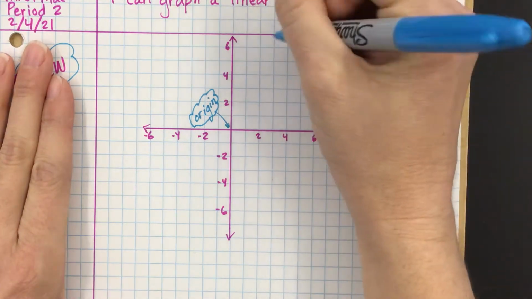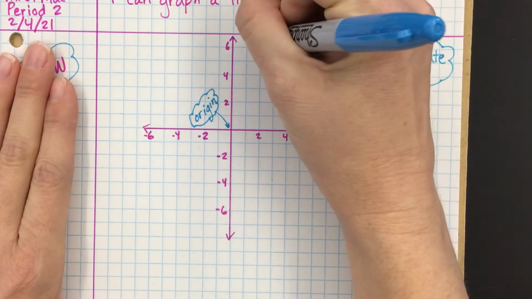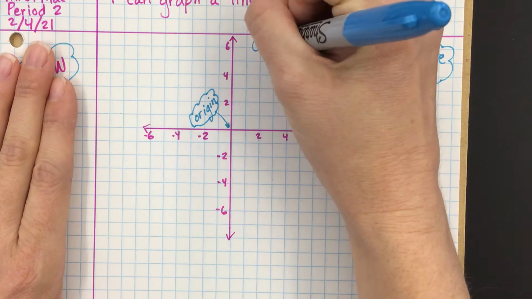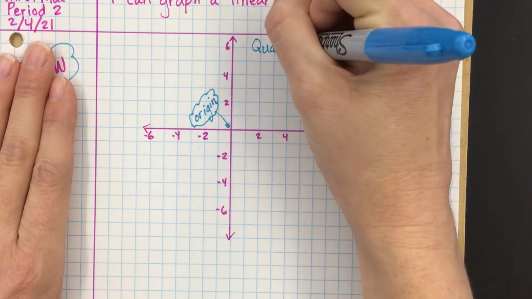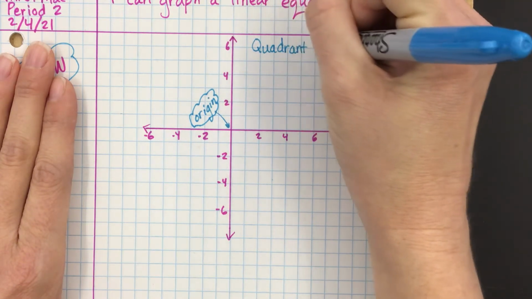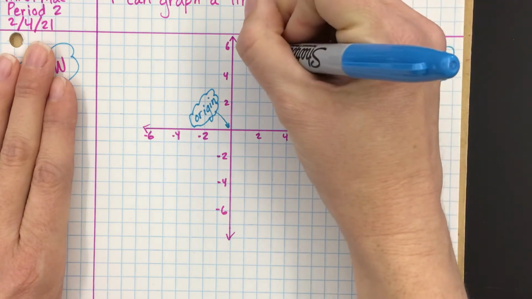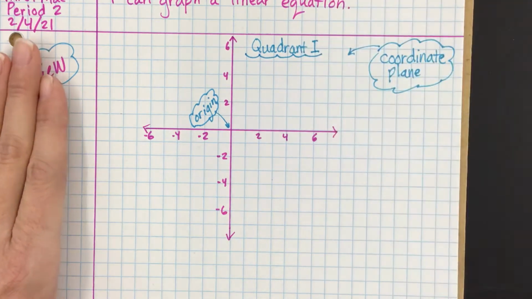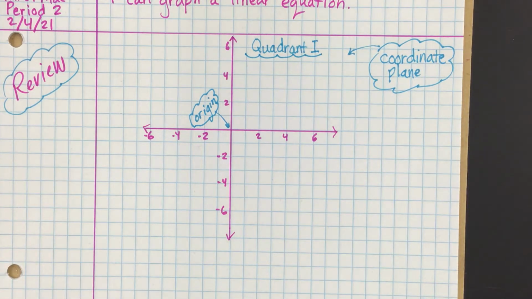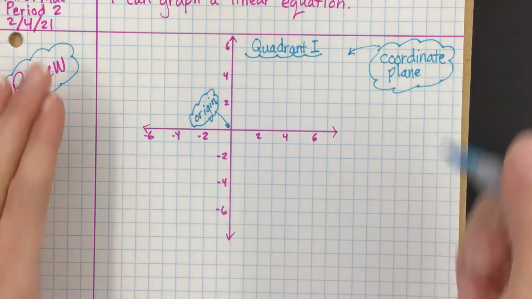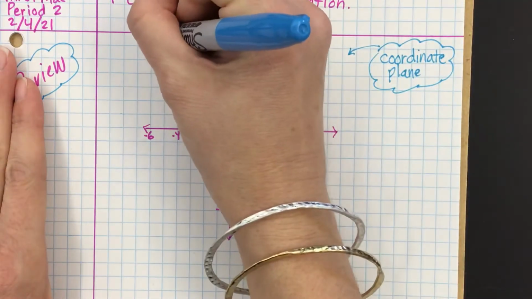So the one that we're the most used to using is quadrant 1. That's just because we tend to mostly deal with those positive numbers in real life. And then we go counterclockwise. So then we have quadrant 2.